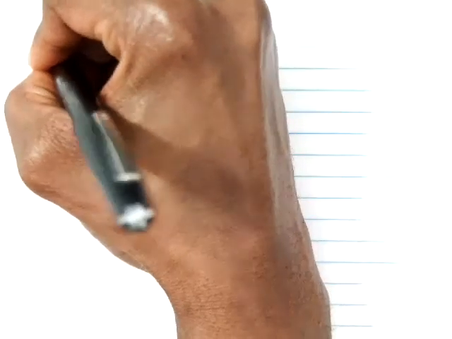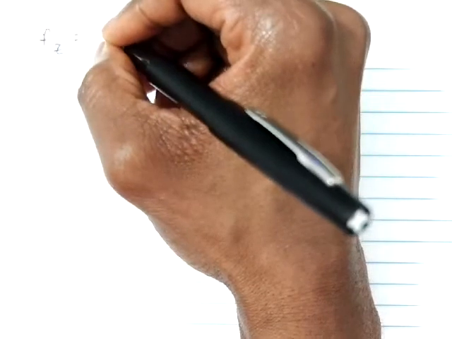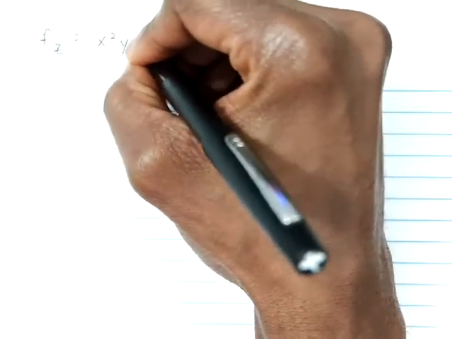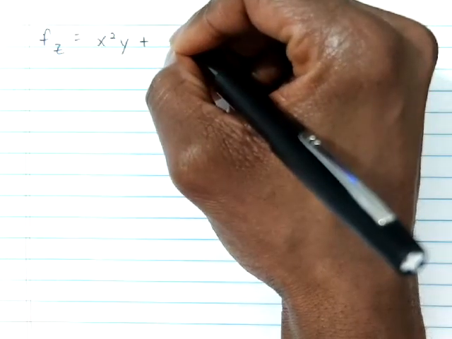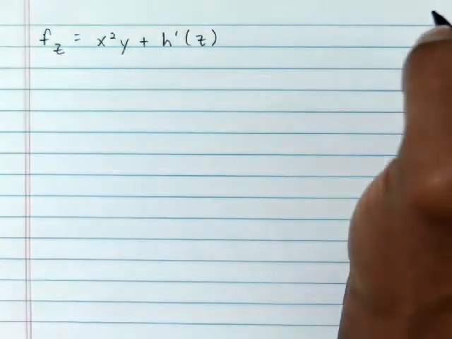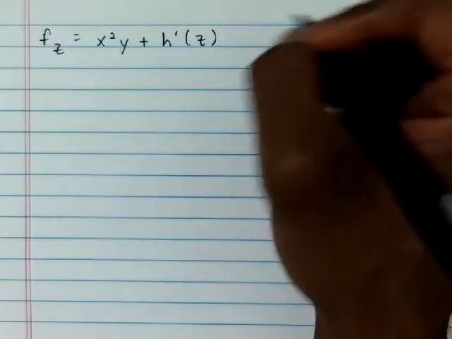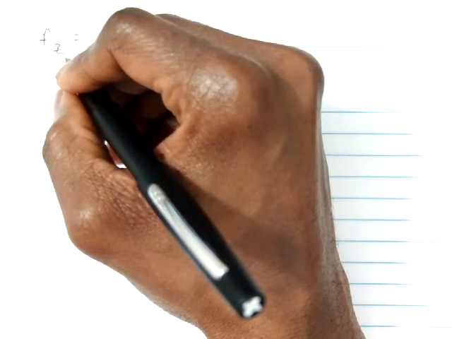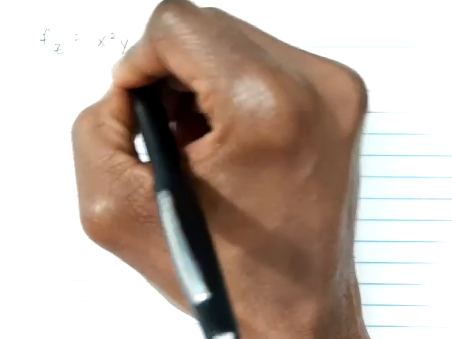All right, so now taking the partial of what we had in our last line with respect to z, we get x squared y plus the partial of h of z with respect to z, which is just h prime of z. But we know that f sub z from the beginning of our problem is supposed to be equal to x squared y plus 1.